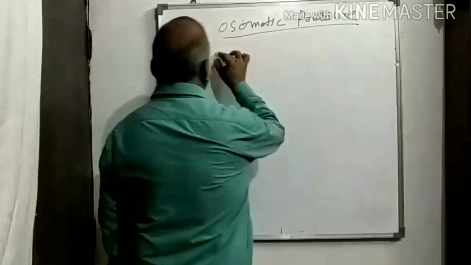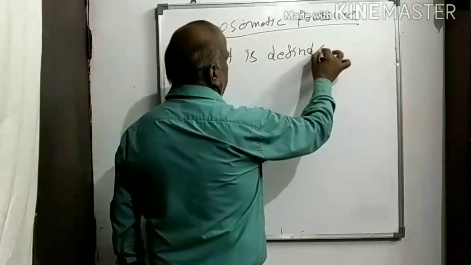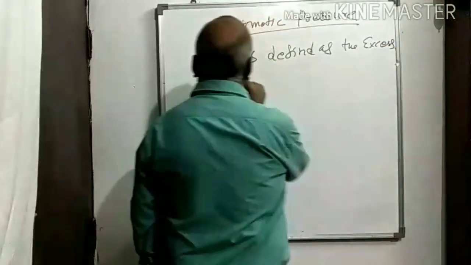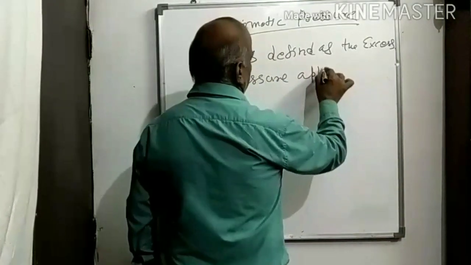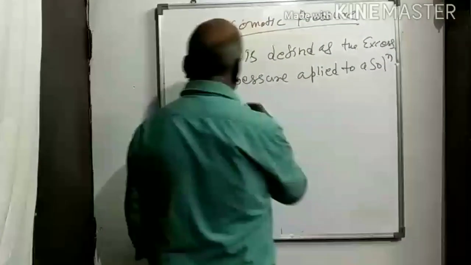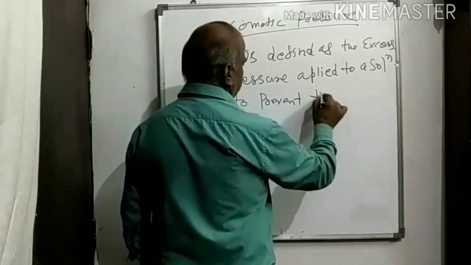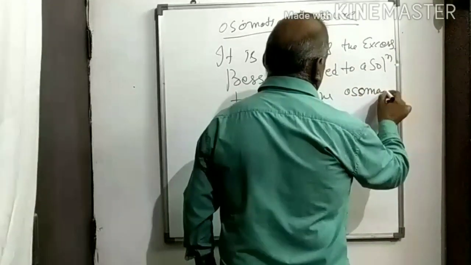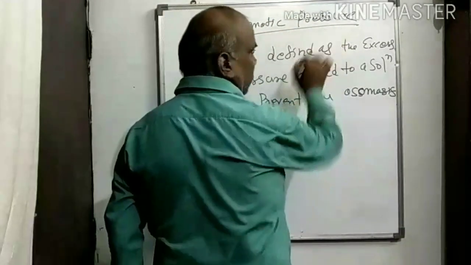Osmotic pressure is defined as the excess pressure applied to a solution to prevent the osmosis. That is called osmotic pressure.